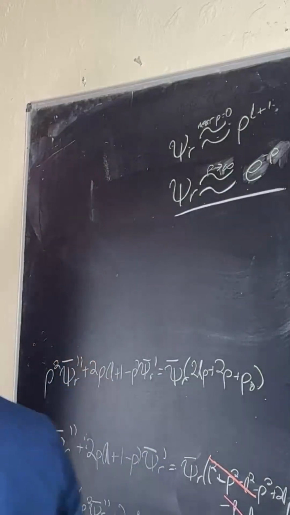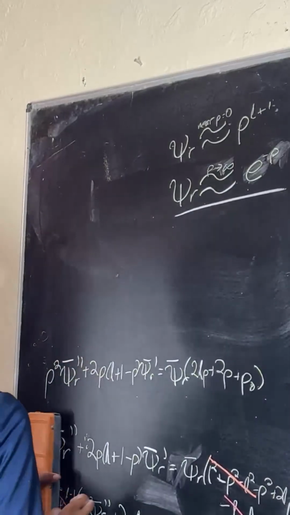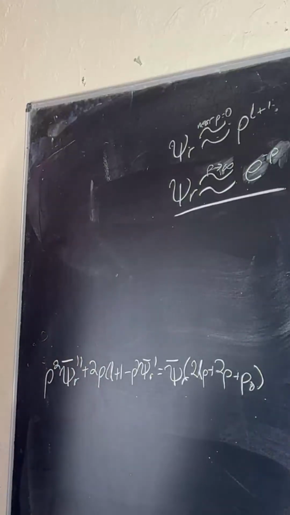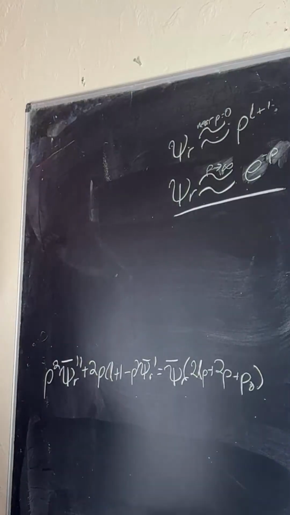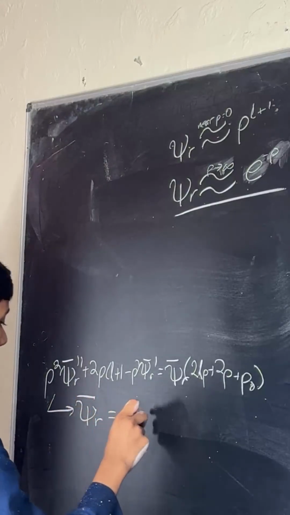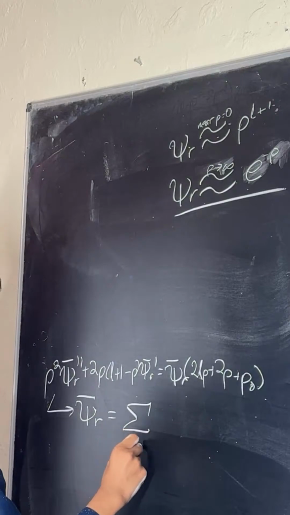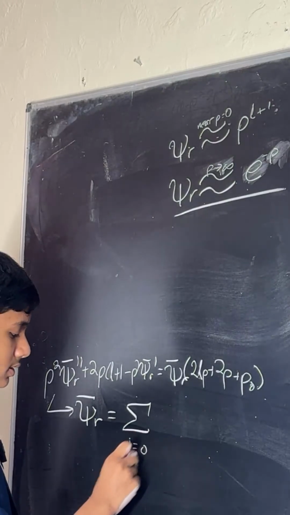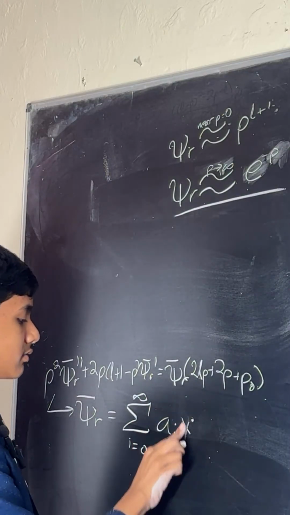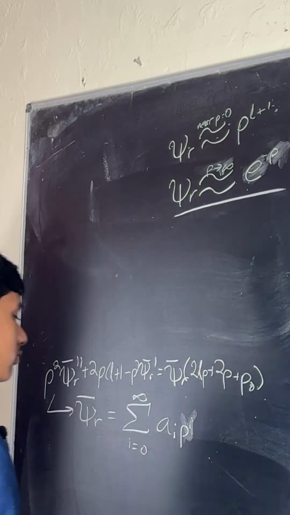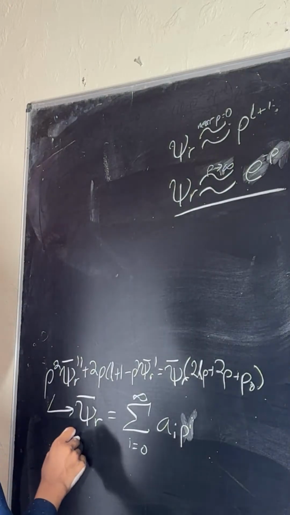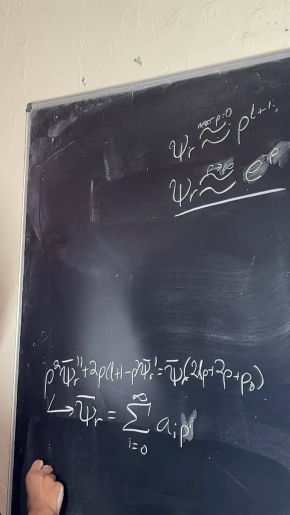So now I'm going to take psi r overline double prime and substitute in the series, and let's use I this time because I'm feeling funky. The sum from I equals 0 to infinity of A I rho to the I. So, now what happens here?